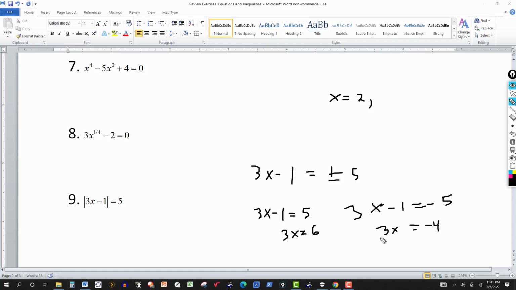The other one, divided by 3, these cancel out, x can be negative 4/3. Those are your solutions. Again, always check if you're in doubt.